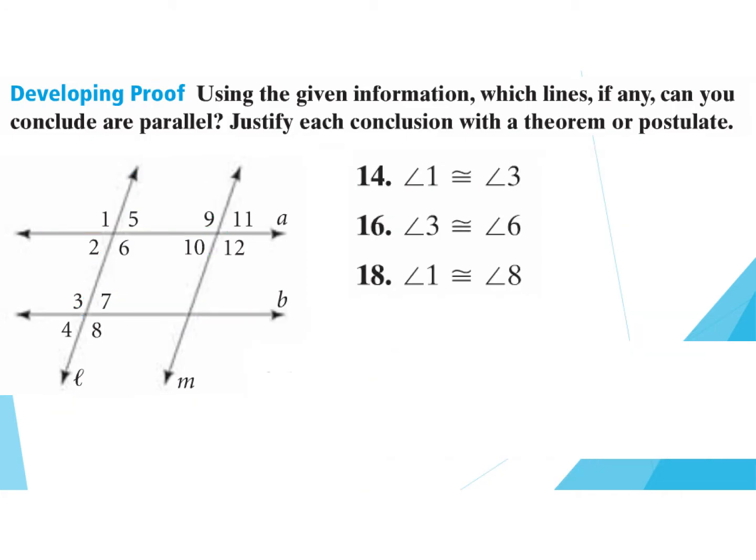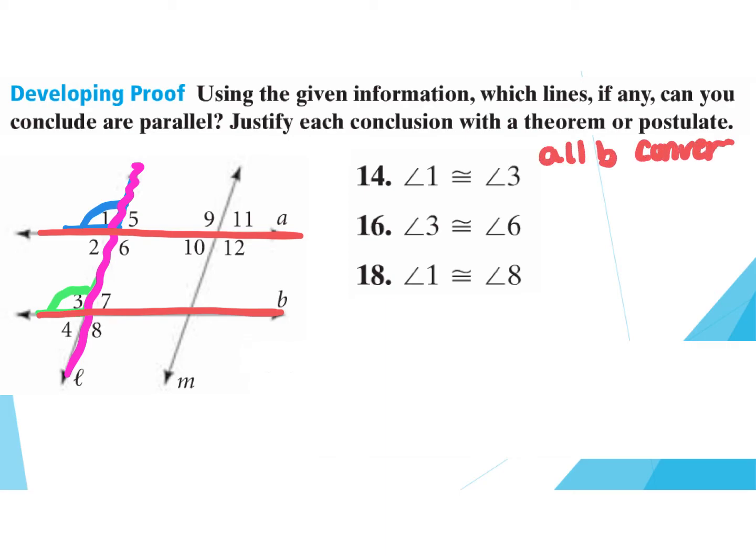For the first example here, I have angle 1 and angle 3. And I can see the lines that run into each other to form our transversal is this line right here. So my parallel lines are A and B. So I can say A is parallel to B by converse of corresponding angles.